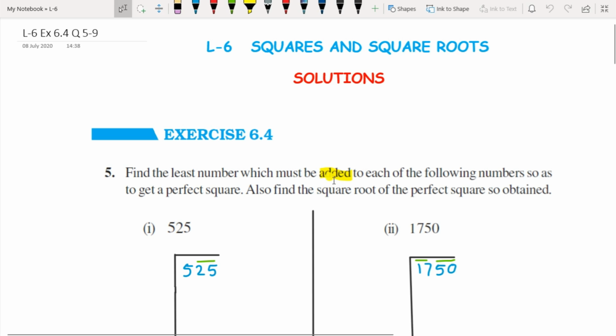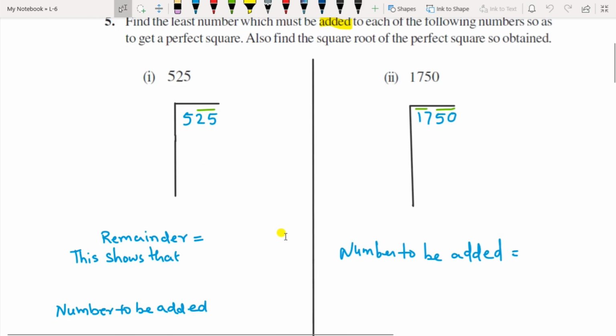So there are two ways to solve these questions for adding. The first way is to find the square root. The first question is 525. Find the square root as usual. Make the pairs from the right-hand side. So 5 is alone here. 2 2s are 4. Subtract, it gives 125. Bring down the pair.